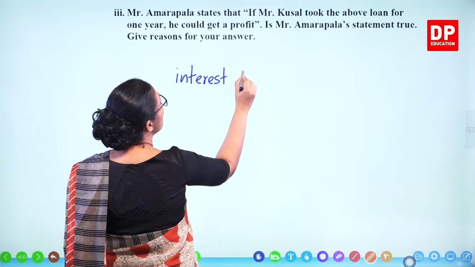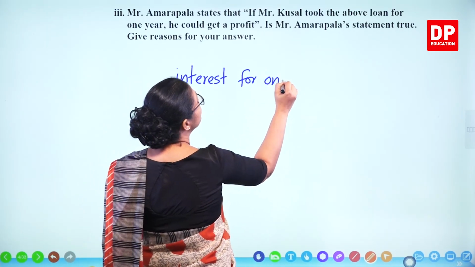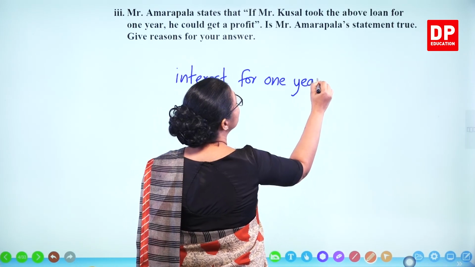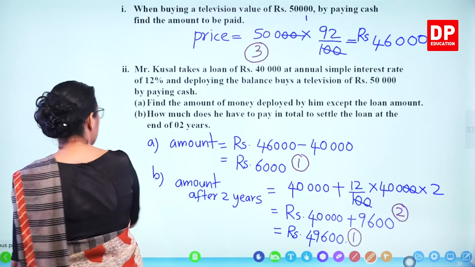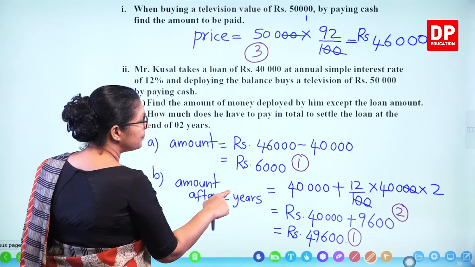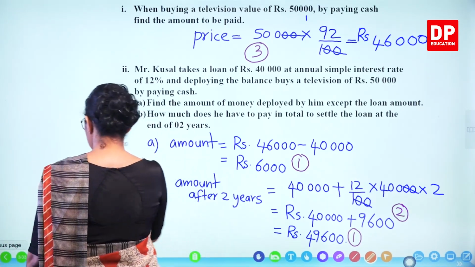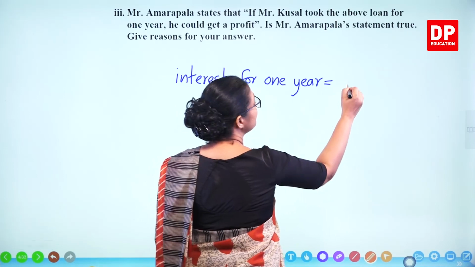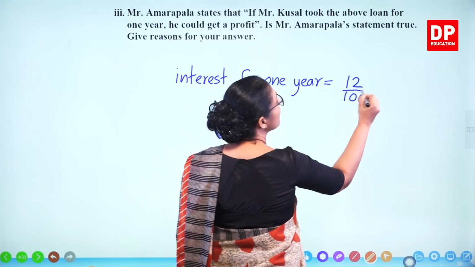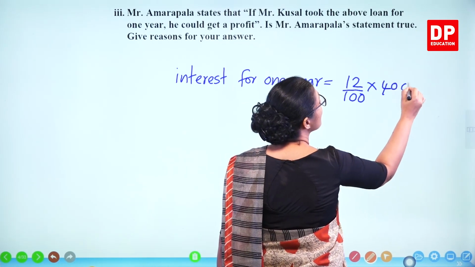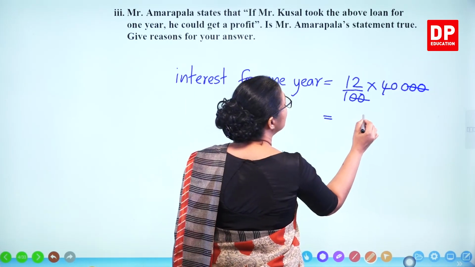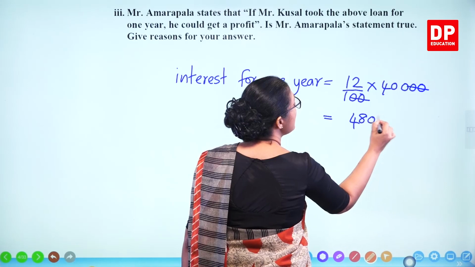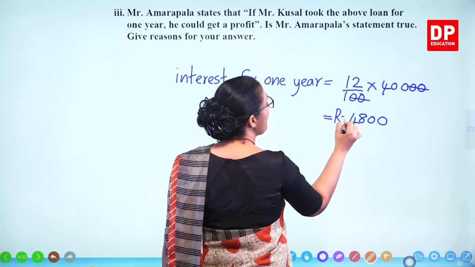Interest for 1 year. So 12% of 40,000. 2 zeros get cancelled out. 4,800 rupees.